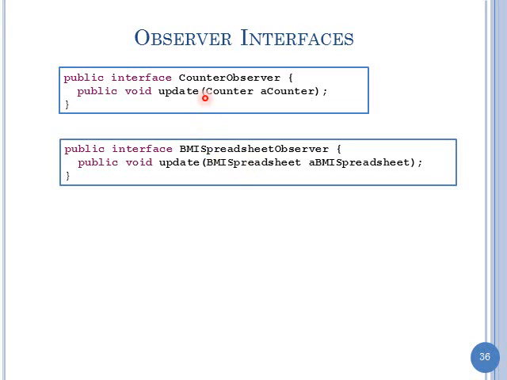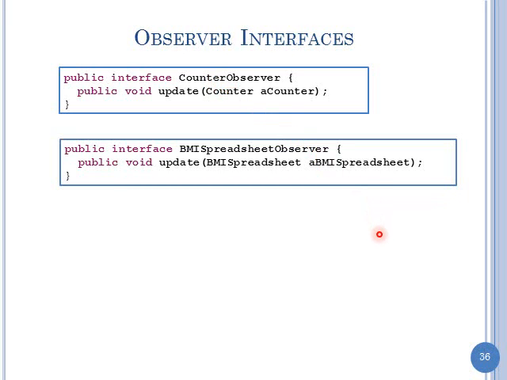They're both logically the same thing, right? The observable has changed, and the update method is being called in the observer. And how could I parameterize this? So I would have an interface called observer that takes as an argument the class that's going to be updated on.